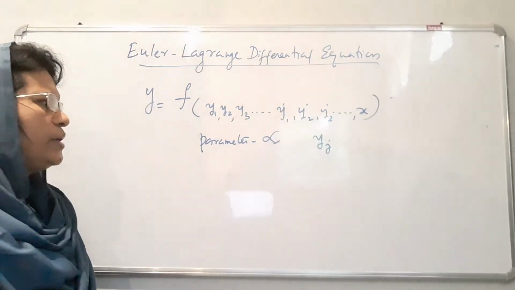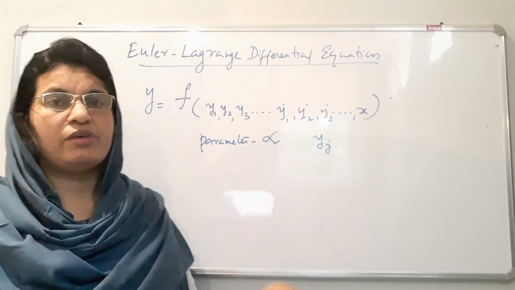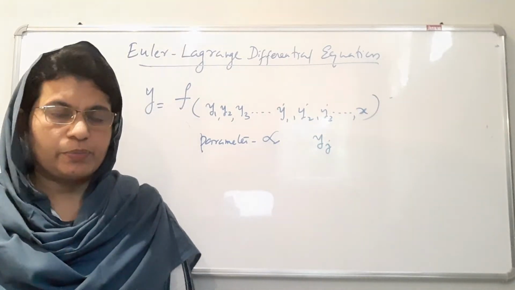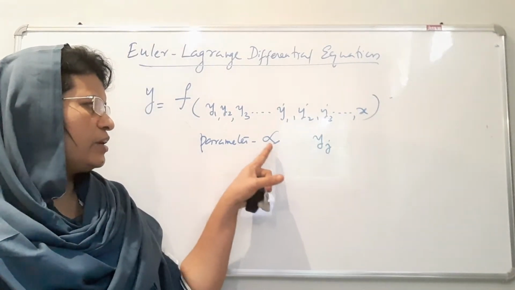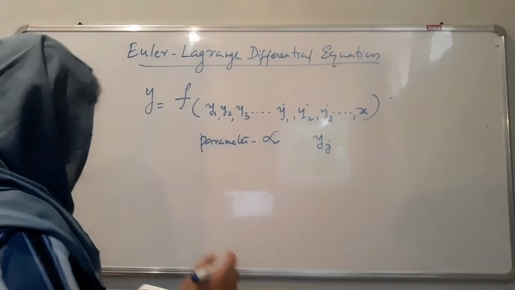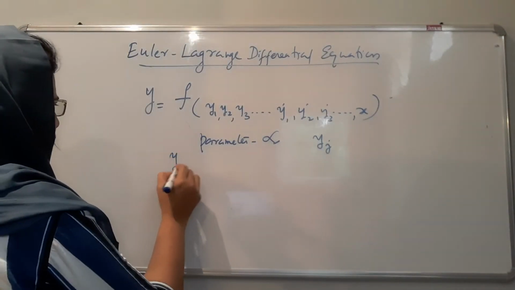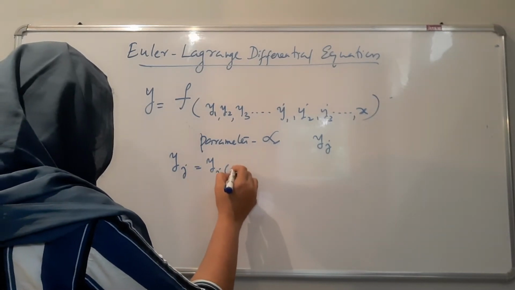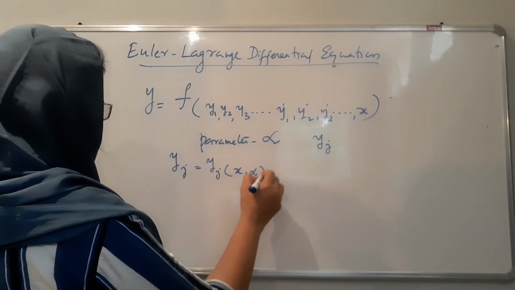For the jth component, we have to consider a parameter alpha for other, comparative paths, not the minimum path. Therefore, we can write yj is equal to yj of x comma alpha.